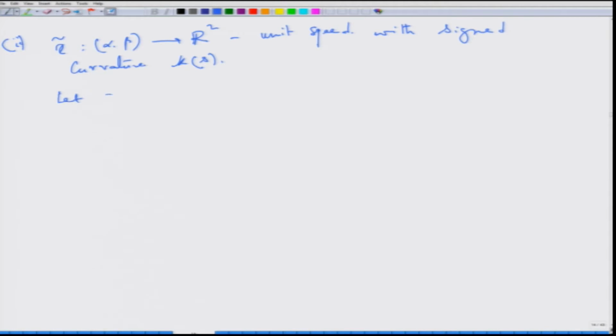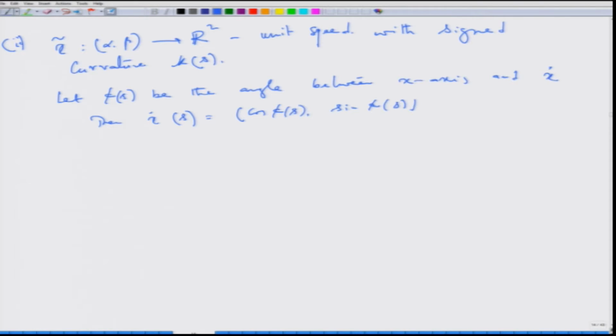Let phi s be the angle between the x axis and gamma dot. Then from the discussion above, gamma dot s can be written as cos phi s, sin phi s. That will imply d phi ds equal to k s, which I know from the previous discussion.